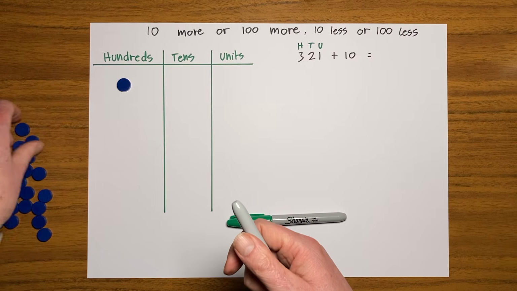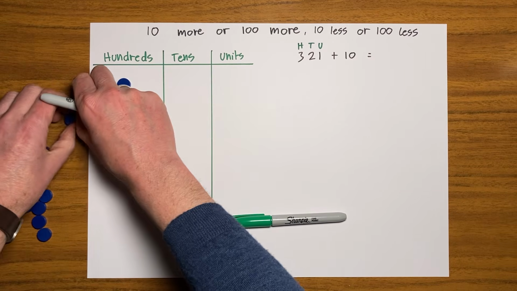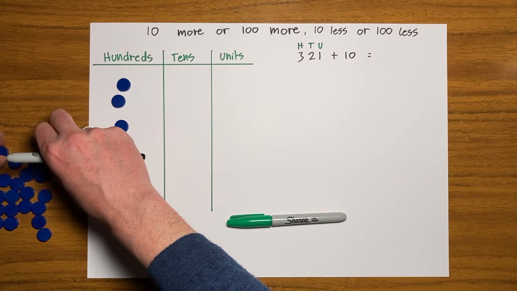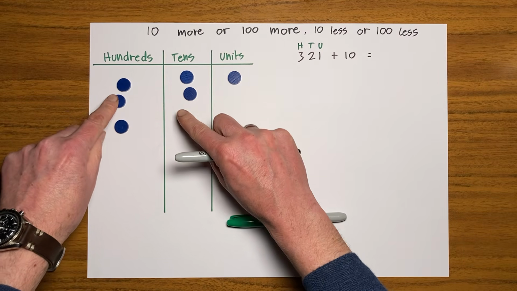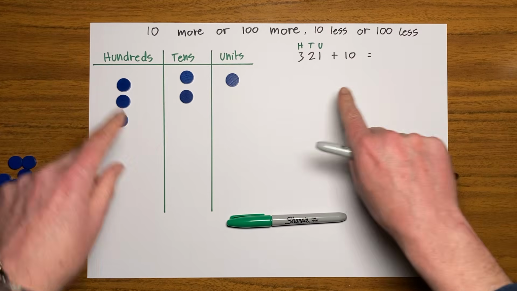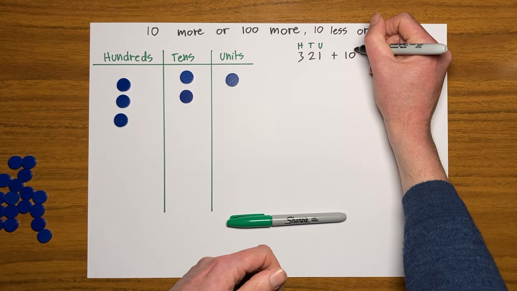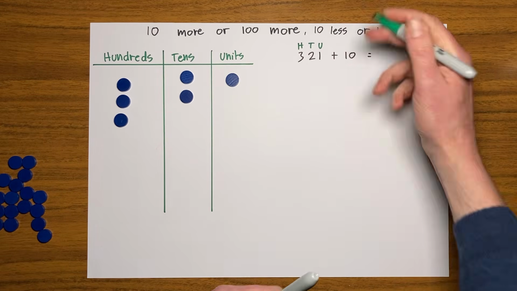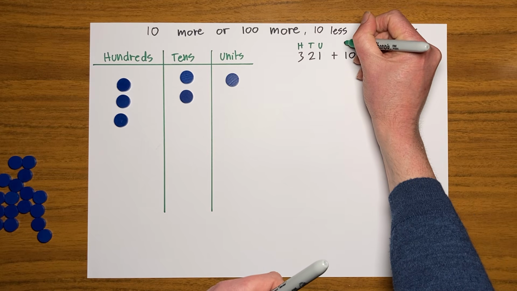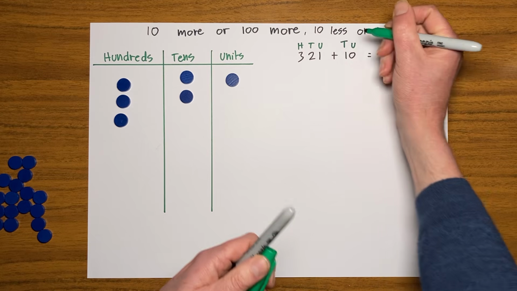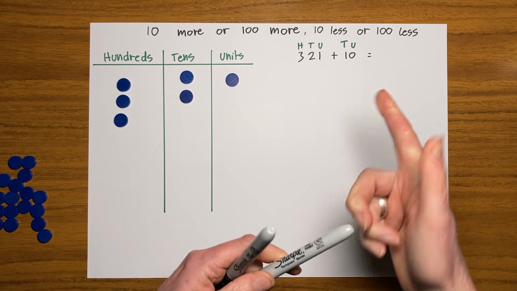So I'm going to have 300s, 1, 2, 3. Got 2 tens and I have got 1 unit. So that's what it looks like. Now I want to add 10. Again, look, I'm not adding any units because that's a 0, but I am adding 1 ten. So what's that going to look like?